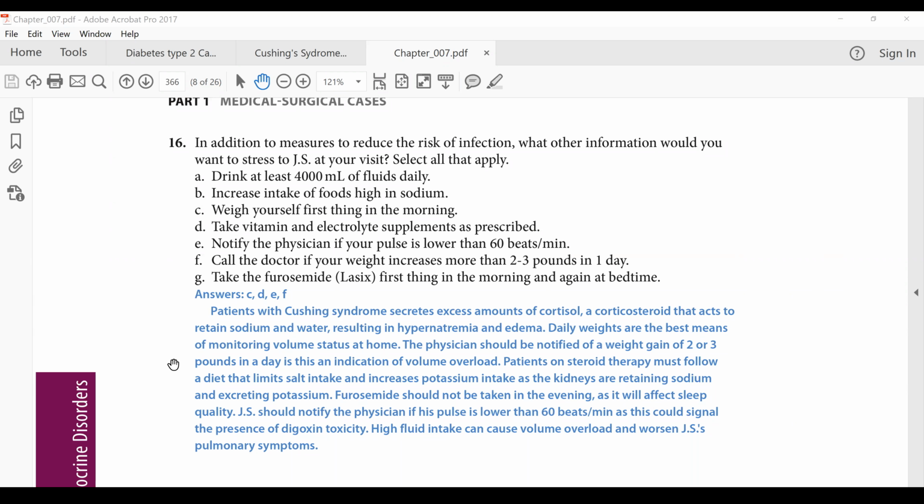What are the signs and symptoms related to Addison's crisis? Syncope, shock, super low blood pressure, back pain, stomach pain, leg pain, severe vomiting and diarrhea, and headache.